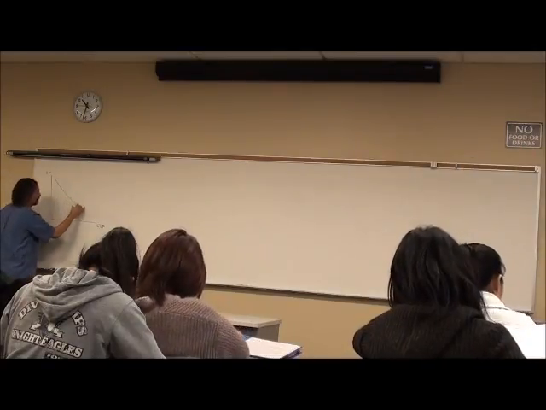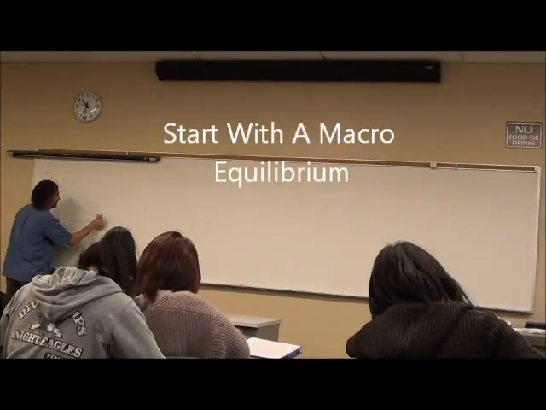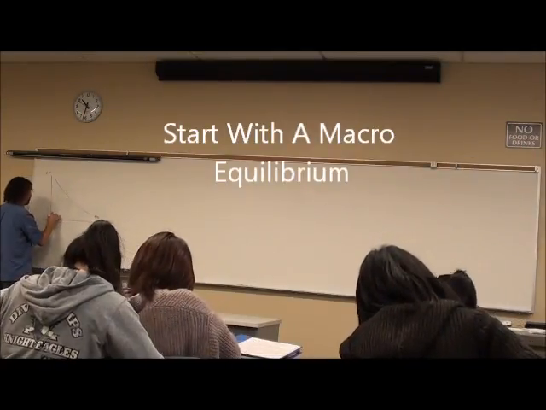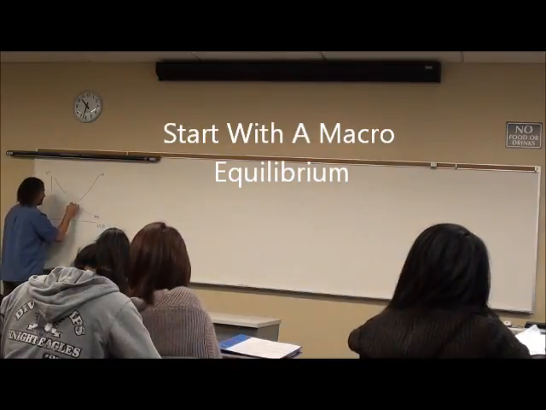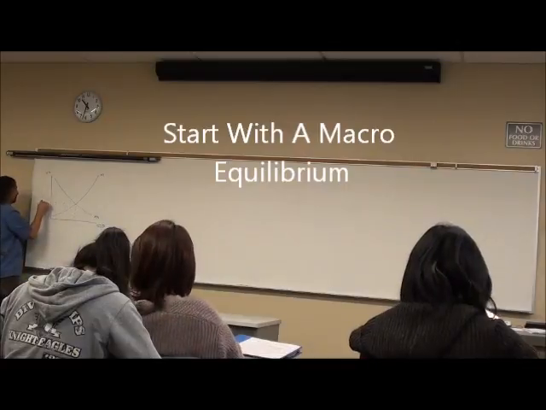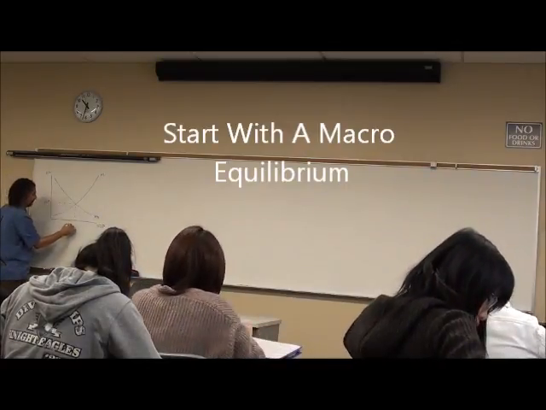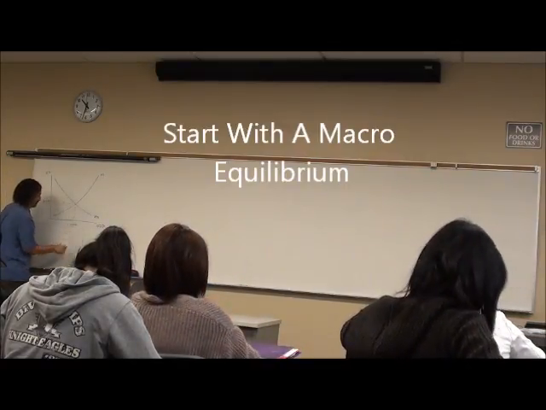Let's start with the macro equilibrium. Aggregate demand, aggregate supply. Here's Y star, here's GDP star.